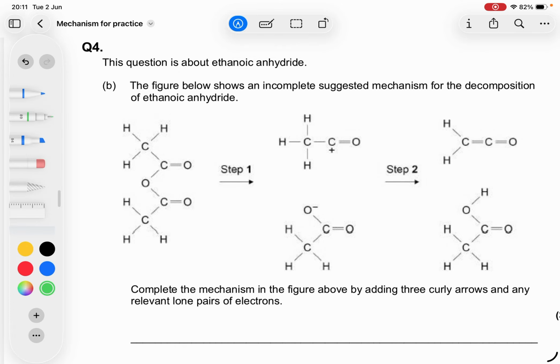Now this question is about ethanoic anhydride, an incomplete mechanism. See what's happened here. There's a breakage that happens here. The reason I know this is you've got CH3CO on this side, which means that what must be happening is that this C-O bond must break there.